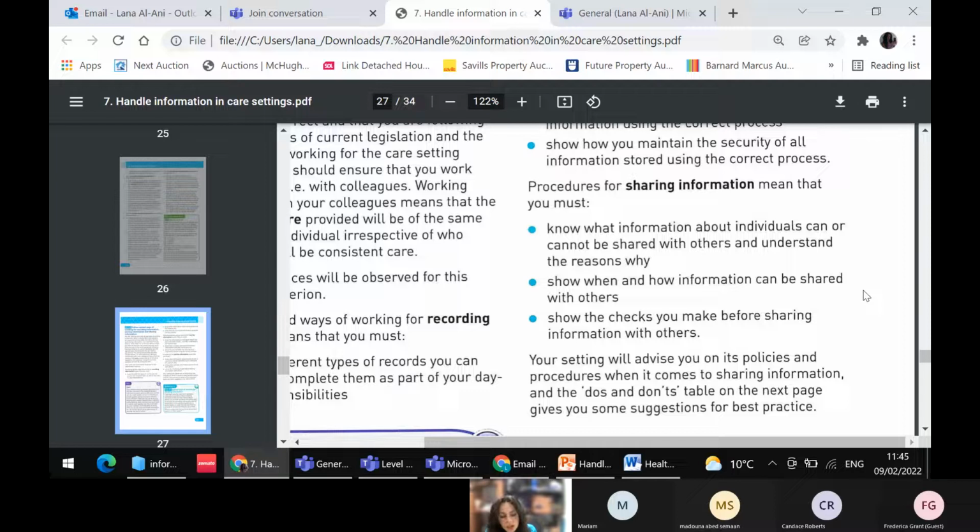I wouldn't share this information without knowing the reason why they need it, otherwise I would pass everything. I should always ask what they exactly need, then I can understand the reason why they need this information before I share it.